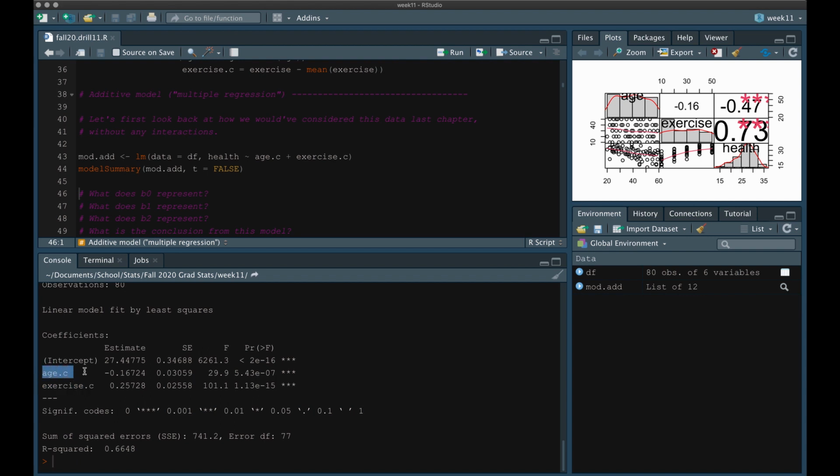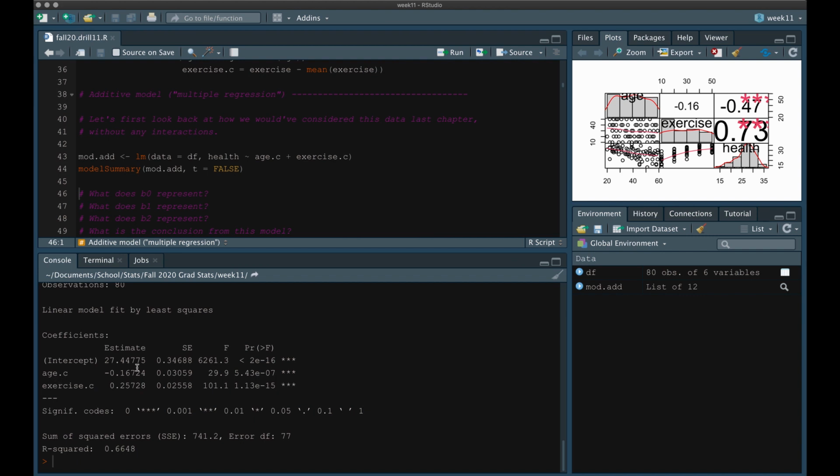That means the average age and the average exercise. In other words, for a participant in our data set who is 40 years old and exercises 30 hours per month, the average age and average exercise, we predict their health score to be 27.44.